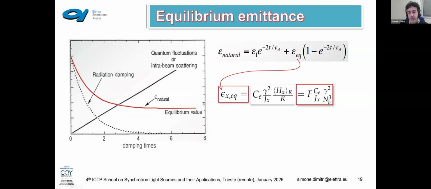An analytical expression for the equilibrium emittance can be given, and the physical quantities you have to keep in mind to follow these dynamics are the square of gamma. So the equilibrium emittance is larger for larger electron beam energy with a power of 2, and inversely proportional to the number of dipoles, NB, to the cube, which means that for the same circumference and the same electron beam energy, by enlarging the number of dipole magnets, in other words, by splitting your dipole in many, many pieces, if you like, you can minimize the emittance by quite a large number.